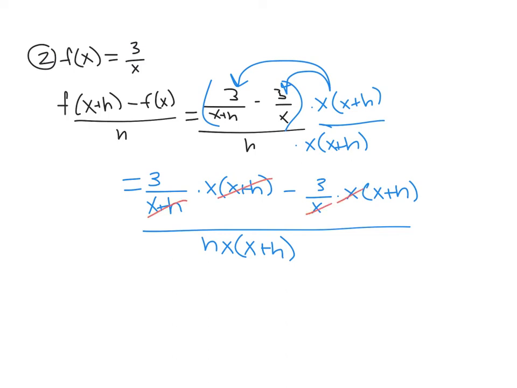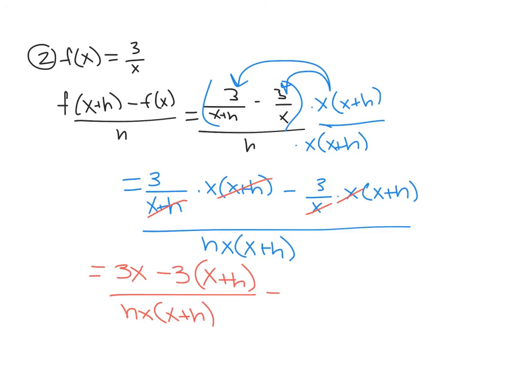My x and my x are going to cancel out. I end up getting 3, there's an x left over, 3 times x minus 3 times x plus h, that's also left over, hx times x plus h. I want to warn you right now, do not cancel out your x plus h's. You can't do that because I have something being subtracted in the numerator.